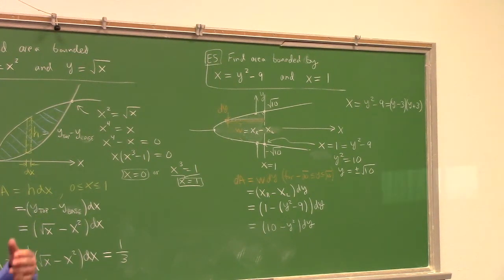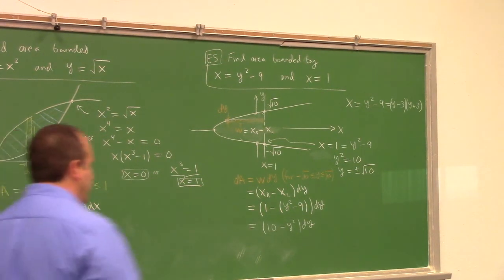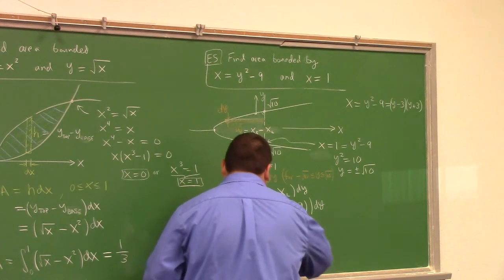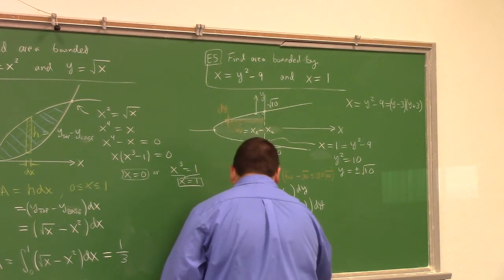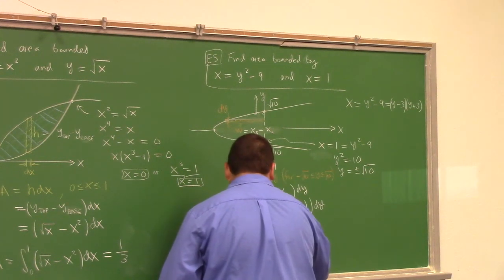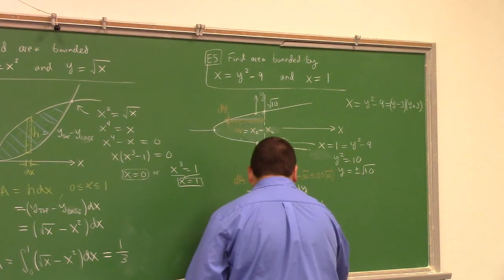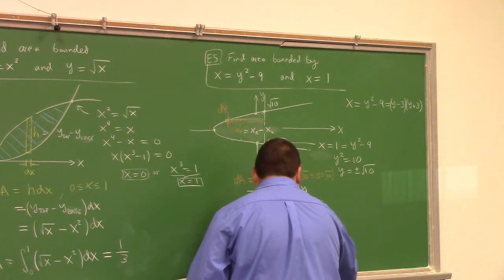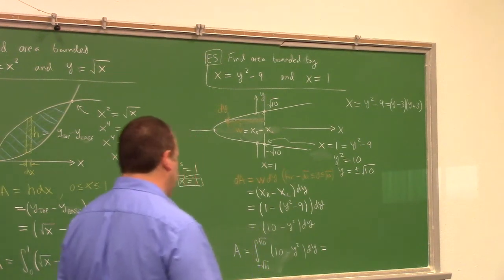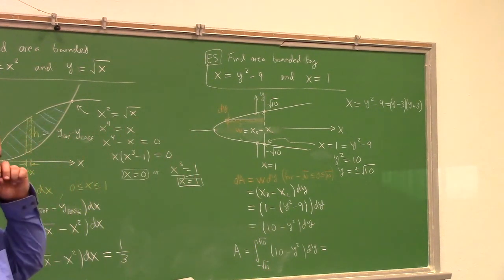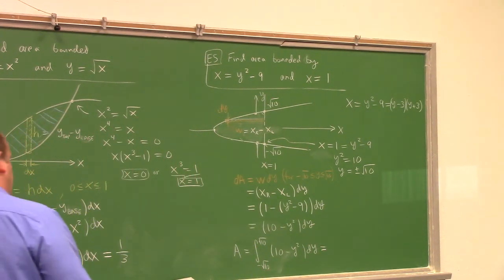And then to find the total area, I take the continuous sum of the dA. I add them up to get A. A is the integral from minus square root of 10 to square root of 10 of 10 minus y squared dy. So how does that work out?